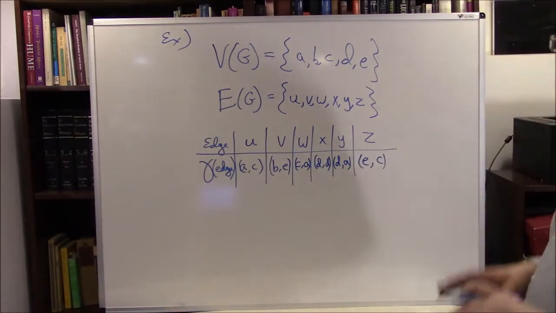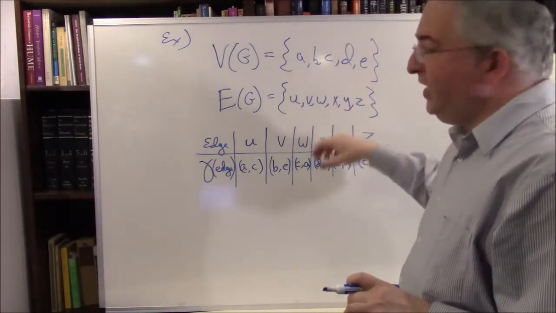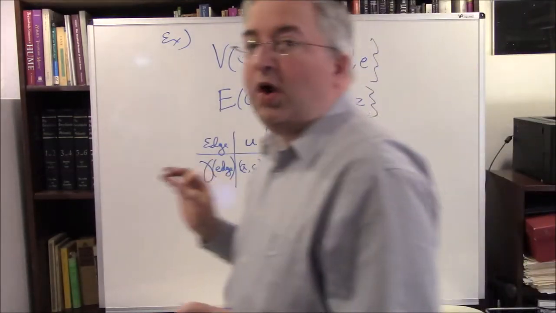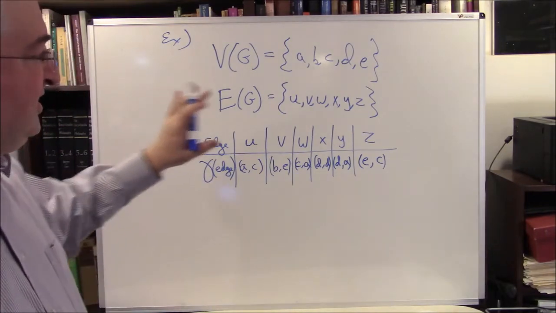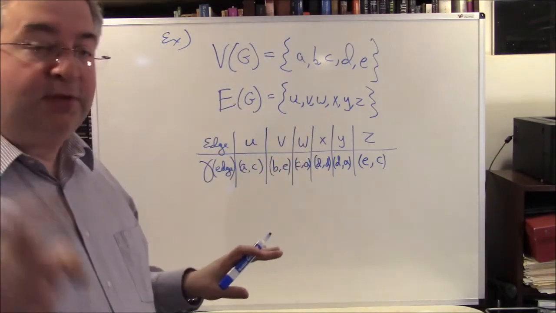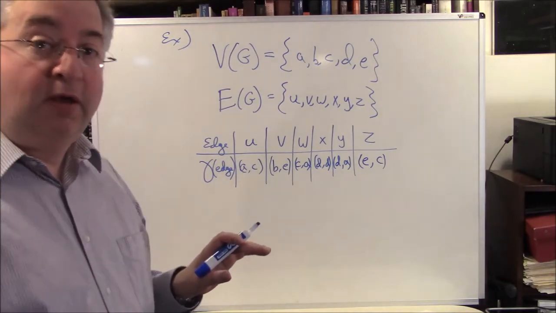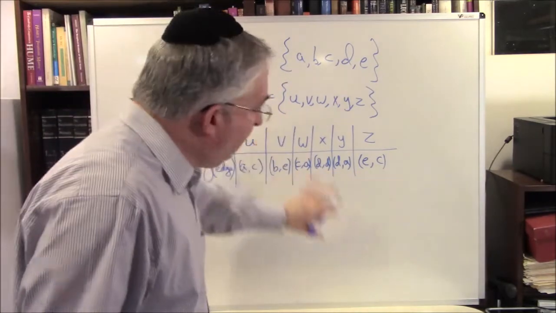Okay, great. Now, this is the right definition of a graph. It's two sets and a function which you can describe like this. Let me explain to you why it's the right definition of a graph. I'm going to stop right here. I'm going to stop the computer and I'm going to ask you to stop your computer. Press pause, and I want you to draw a picture of this graph here.